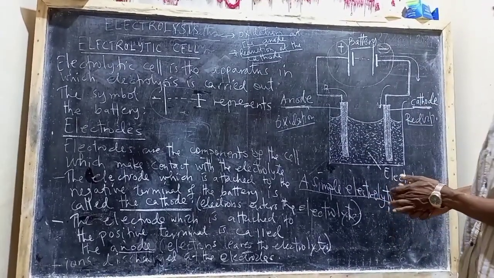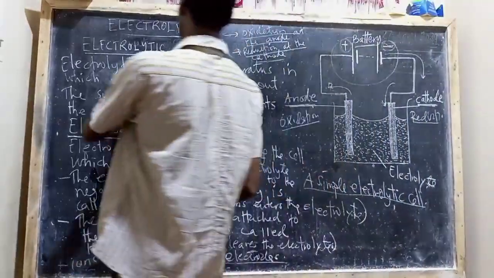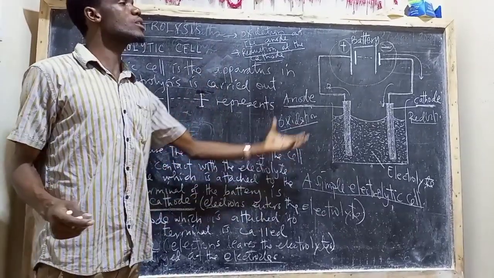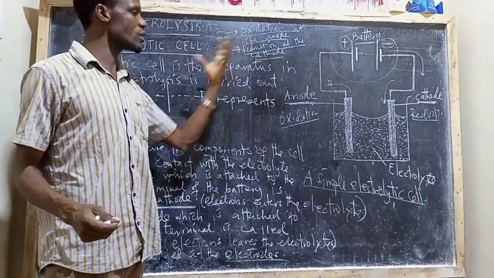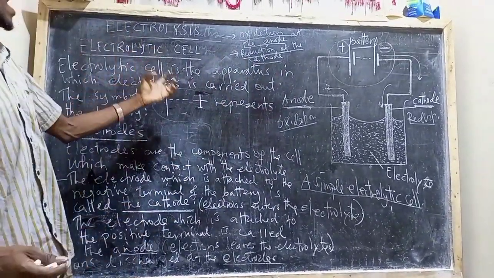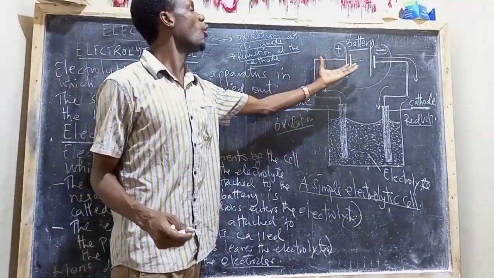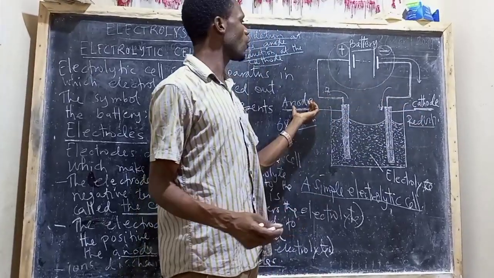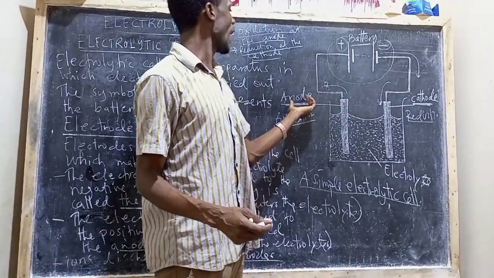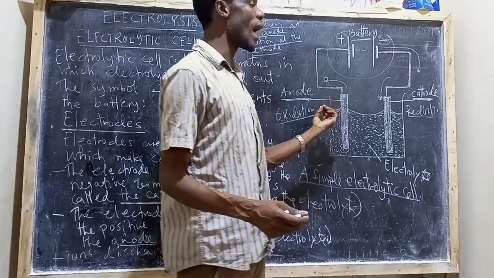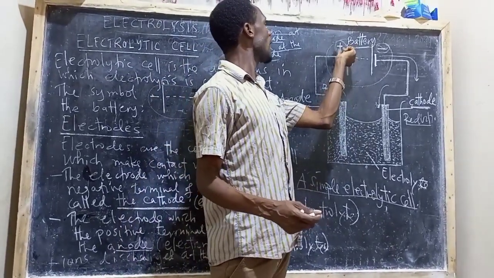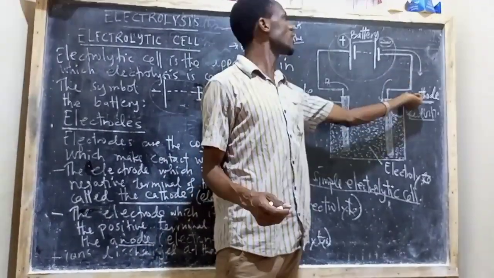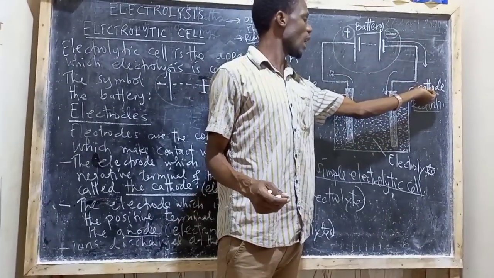So you have to be very careful when talking about the electrolytic cell. An electrolytic cell, in short, is the apparatus we use to conduct electrolysis. It has components, which are the battery, anode, and cathode. Cathode and anode are called electrodes, and we consider their attachment: this is attached to the positive terminal, and this is connected to the negative terminal, which we call the cathode.